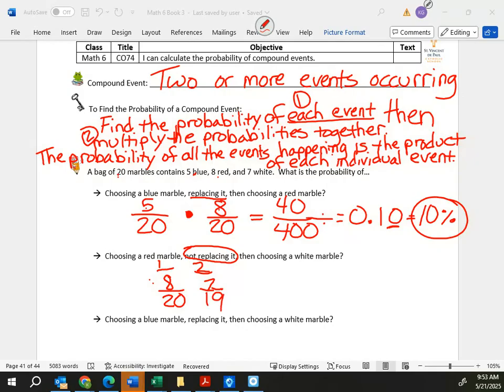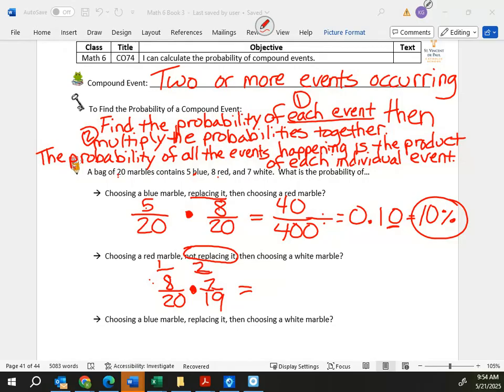What is my next step? I have 8/20ths and 7/19ths. James? Multiply. 8 times 7, 20 times 19. I'm going to multiply going across, both the numerator and the denominator. So what fraction do I get when I multiply across? Everybody should have their calculator out.